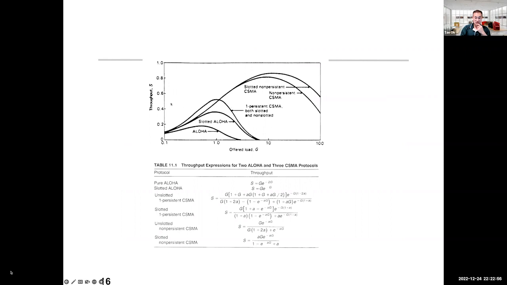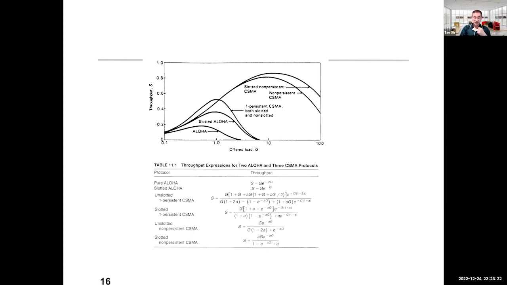Throughput is this much, and non-persistent is probably the highest. It tries not aggressively, not often. And this is the p-persistent. As you can see, it takes longer with the offered load, but the throughput is high. Therefore, there's always a trade-off.